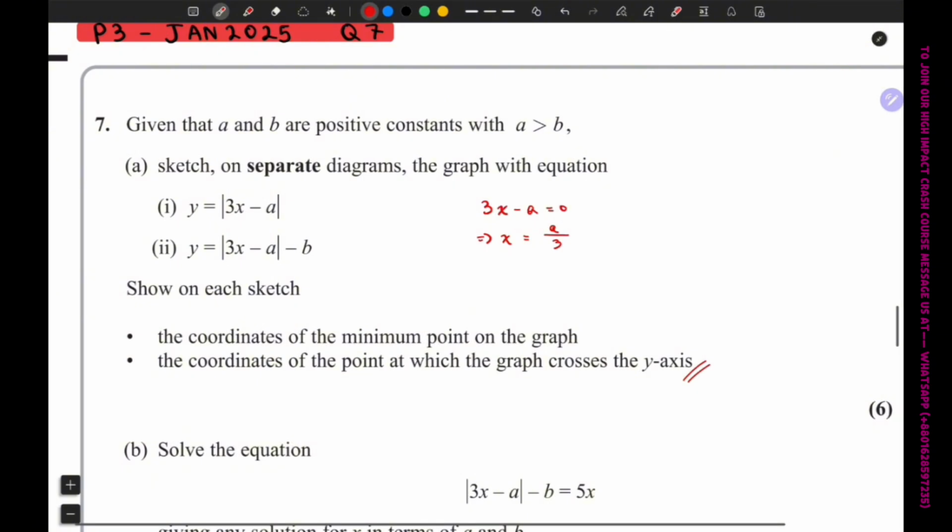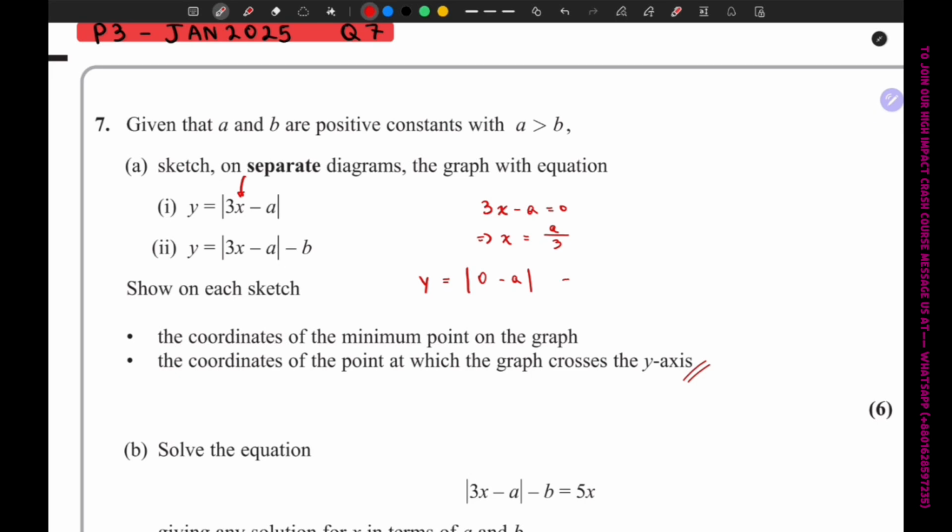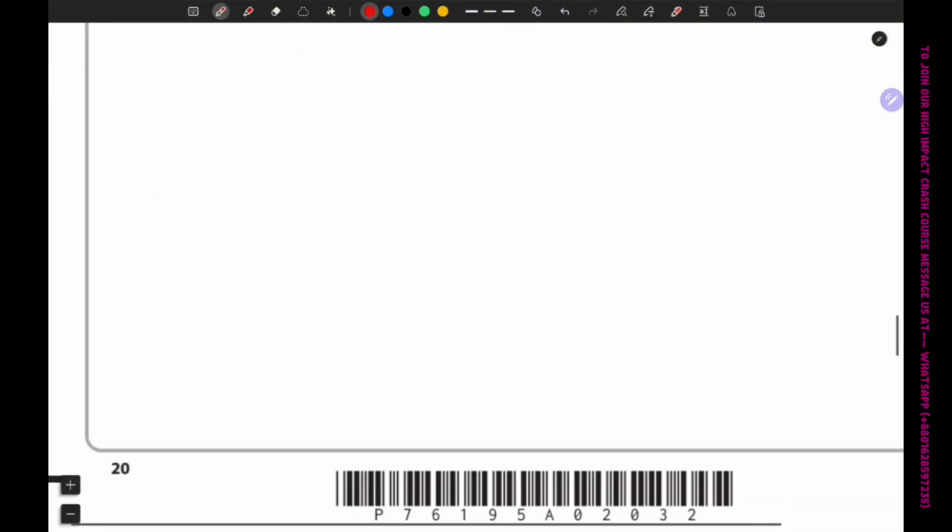At the y-axis the value of x is 0, so this will be 0 minus a, so it's basically minus a, so this is equal to a. So we have one coordinate which is (a over 3, 0), the vertex, and the other coordinate is (0, a), which is the y-intercept.